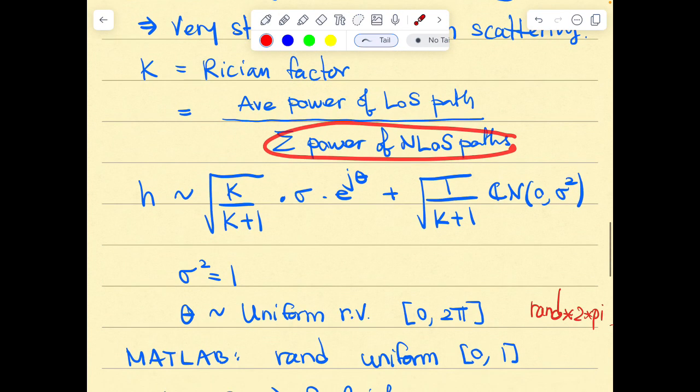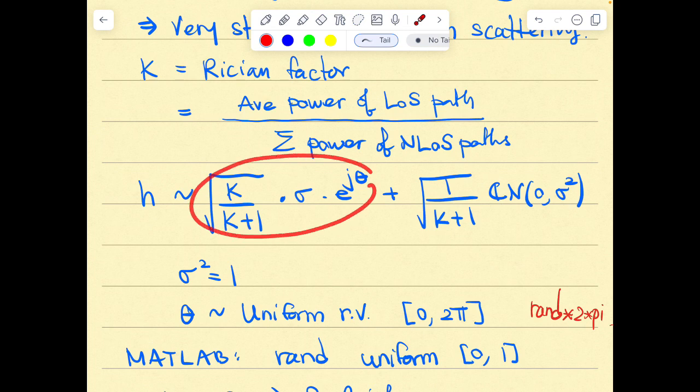Now, the way we simulate Rician fading, again, we're going to simulate this coefficient or random variable h. There are two terms. The first term is square root of K divided by K plus 1. Remember what K is? K is the Rician factor.